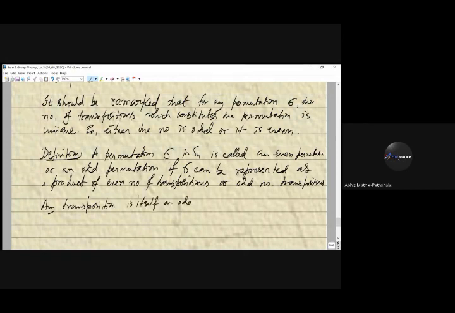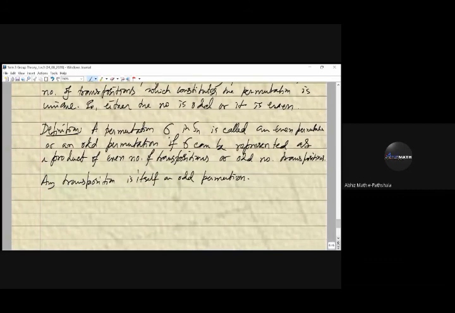So any transposition is itself an odd permutation, right? The identity permutation I can be represented as (1 2)(2 1)... like this, (1 2)(1 2).